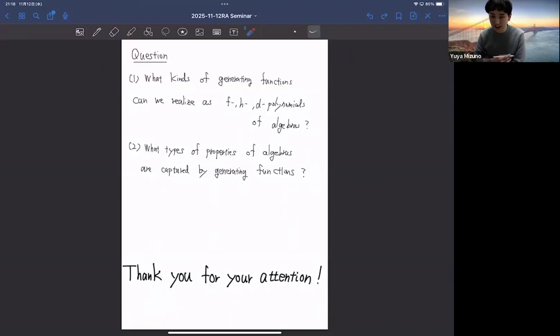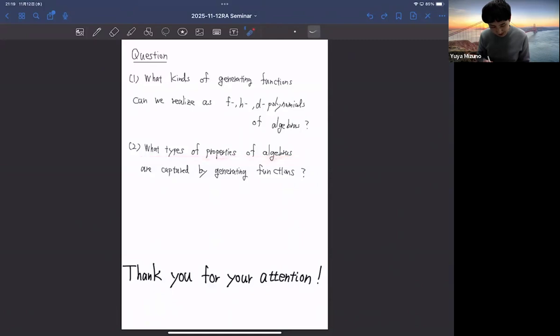But of course, there are so many algebras, and maybe we can get nice, beautiful generating functions from them. We don't know anything about the other cases. But we already know the case of path algebras. It also has nice generating functions.